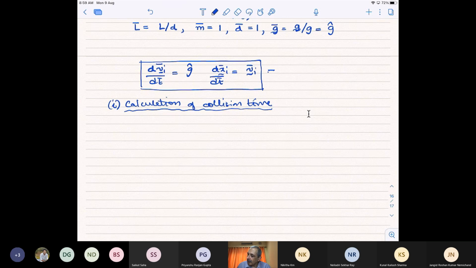And you would have done this before in school also. What it says is, for a particle moving under gravity, xi at any given time is equal to the position at time equal to 0. So you've seen this, x is equal to x0 plus ut plus half at squared. So that's what it is.